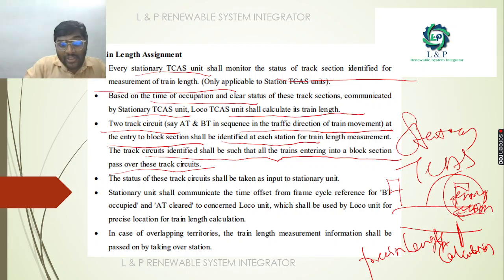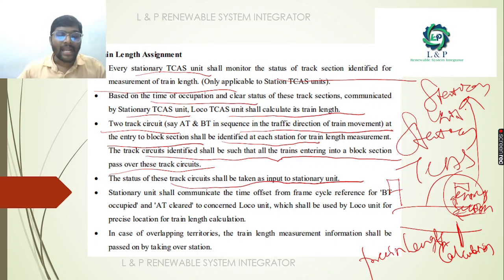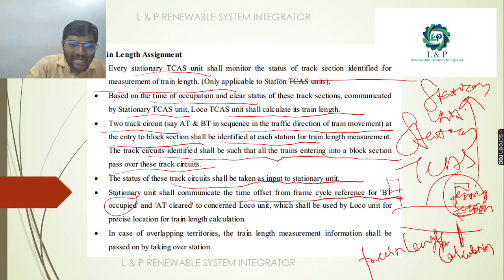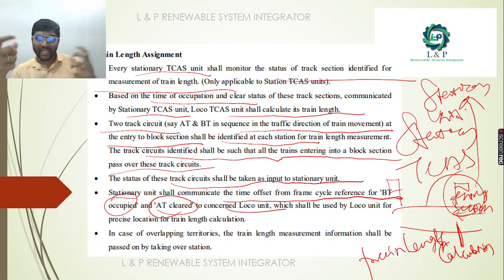The status of these track circuits shall be taken as input, so the inputs will be taken from here to the stationary unit. The stationary unit will communicate the time offsets from the frame cycle reference to the BT occupied and also AT cleared to the concerned loco unit. It means, let us consider two tracks, AT and BT.